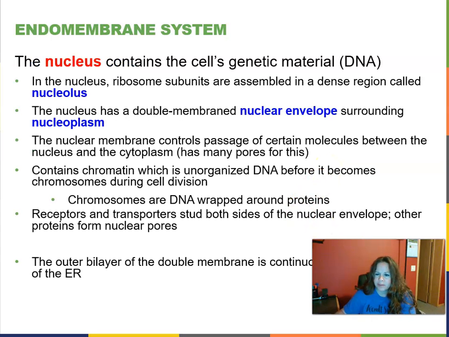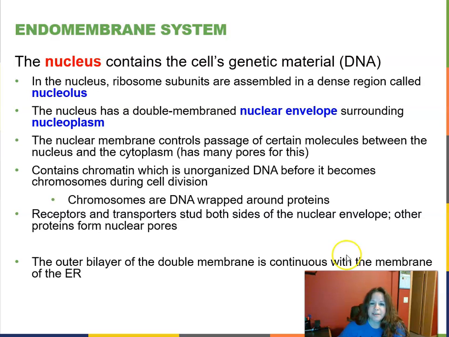So starting with the nucleus, so important, it's like the control center of the cell because that's where the cell's genetic material or DNA is. A nucleus also has other little areas, almost like a nucleus within a nucleus. It's called the nucleolus. There may be one or more in there, and that's where ribosomes are made. Remember ribosomes?